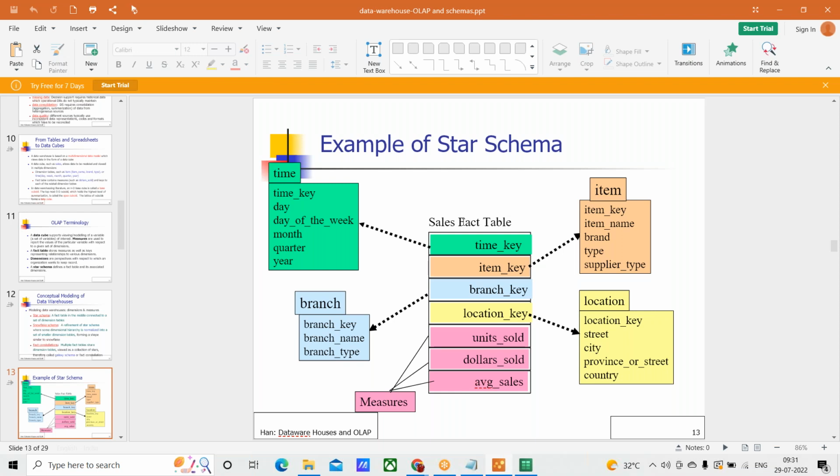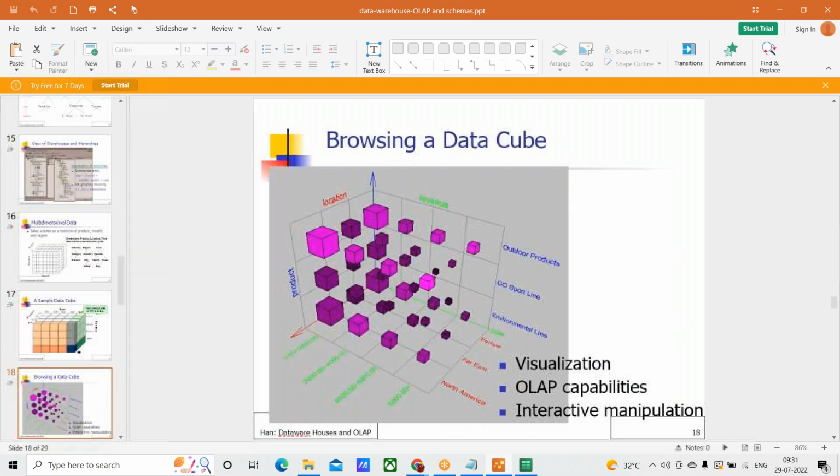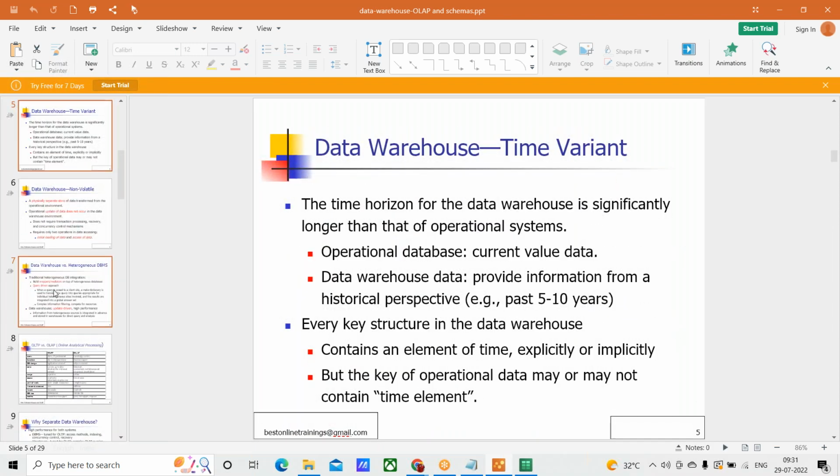No, I was thinking that the location key will be present in the time table, along with all other tables. Like the location key column should be present in the time table, and the branch key also should be present. Is it like that?